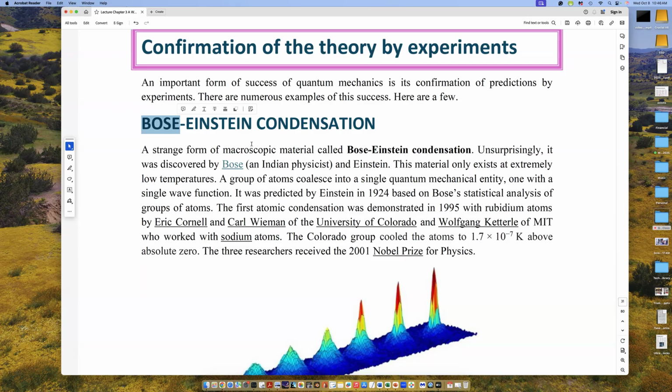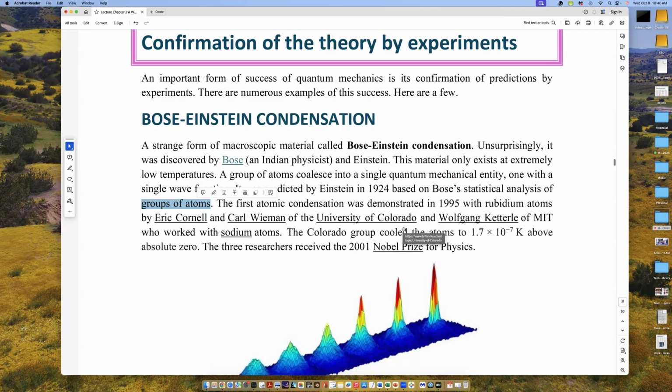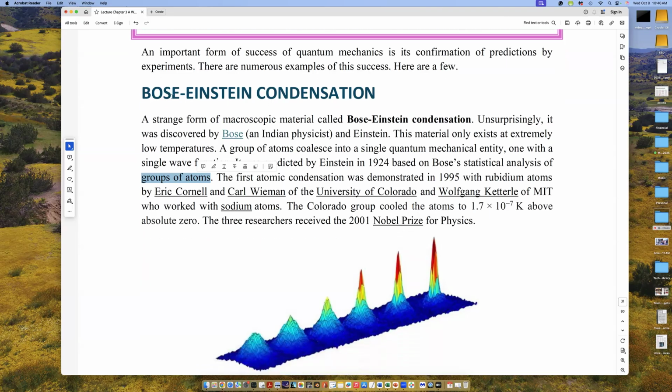And Einstein was very taken with this and did additional work on Bose, who was doing statistical analysis of groups of atoms. And it took another 70 years, but people, including two guys from the University of Colorado, managed to produce Bose-Einstein condensation by cooling a particular group of sodium atoms down to a temperature so close to absolute zero that the group of atoms were described by a single wave function.